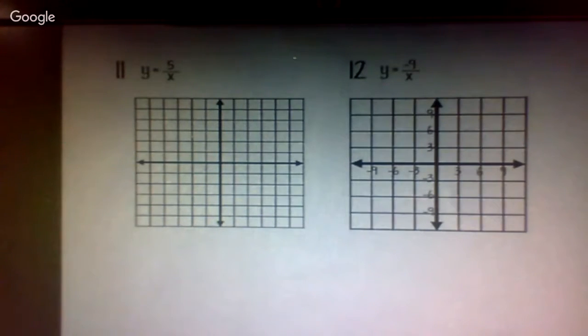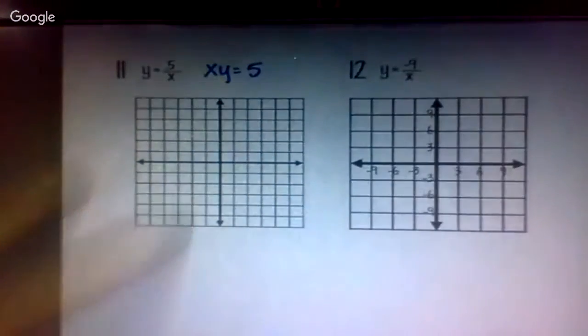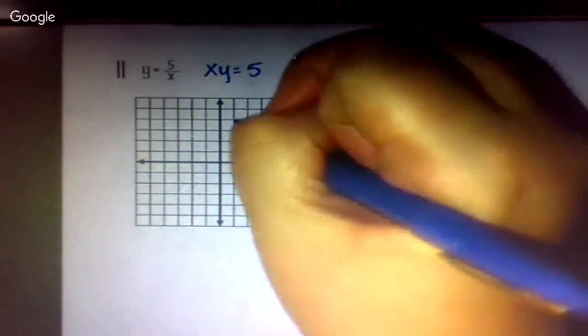If you like the way we did that one, you can also make this look like that. Y equals 5 divided by x is the same thing as x times y equals 5. So, what two numbers multiply together to give me 5? 1 times 5. So, I can do +1, +5.